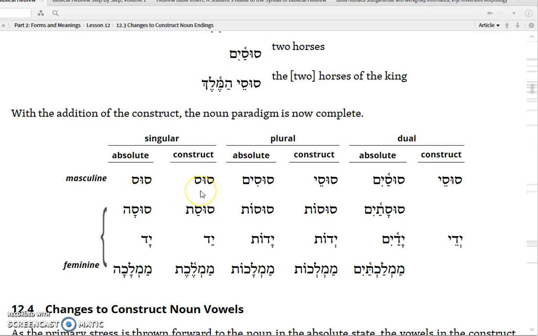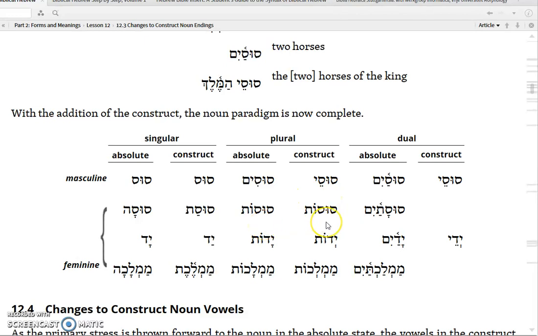So it's sus and sus, whether it's in a construct chain or not. Whereas the feminine form, susa, changes in construct to susat, which is mare of. In the plural, susim becomes susei, horses versus horses of.